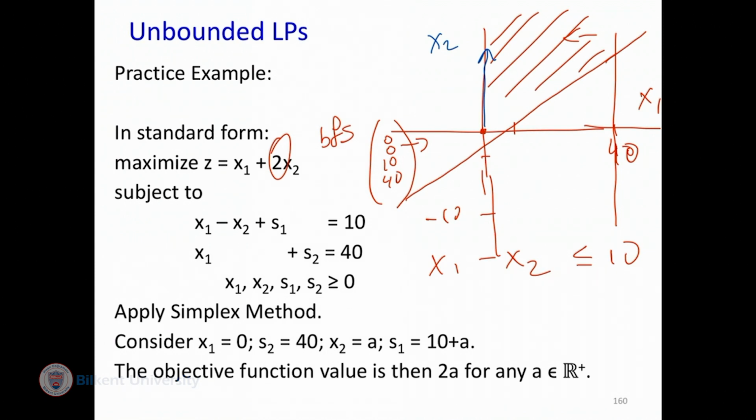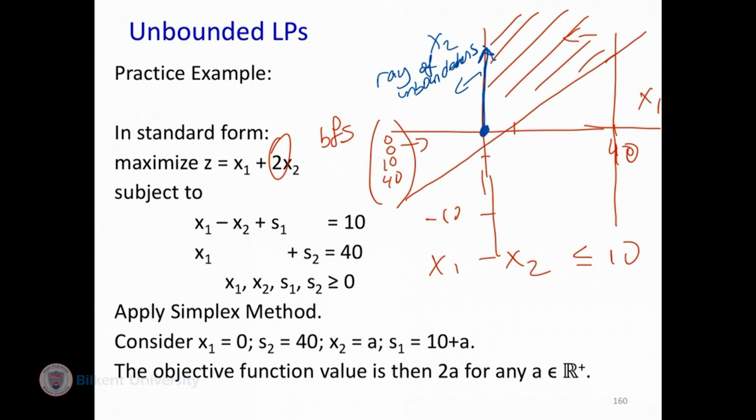That's a ray of unboundedness. So I am here. If I move along this direction, I can get to higher and higher points in terms of my objective function, and that's your ray of unboundedness.